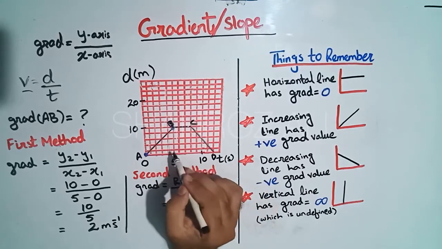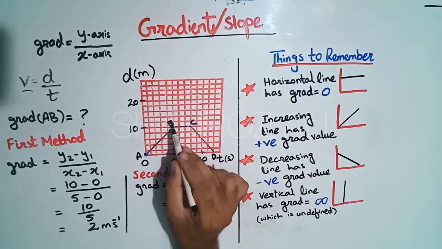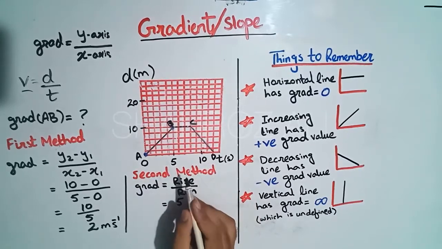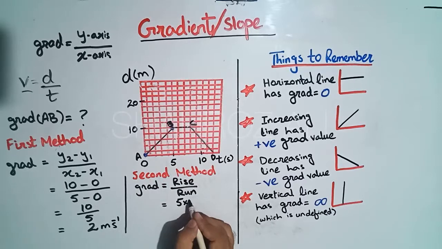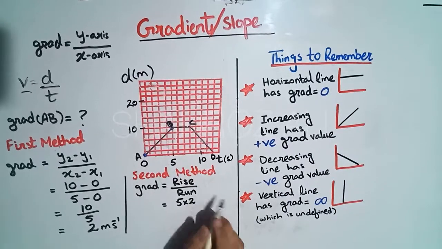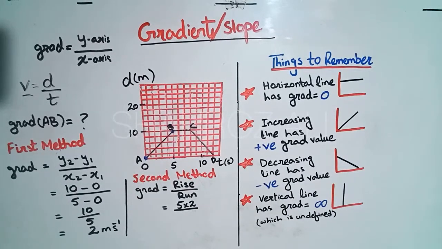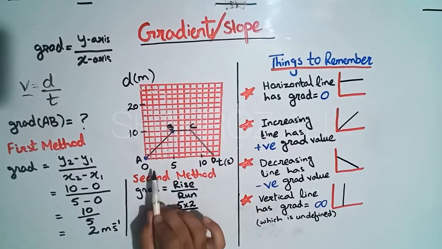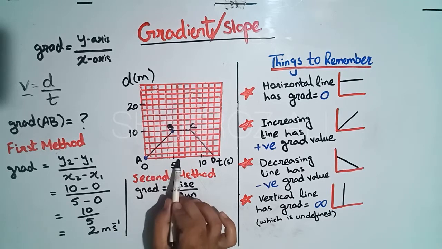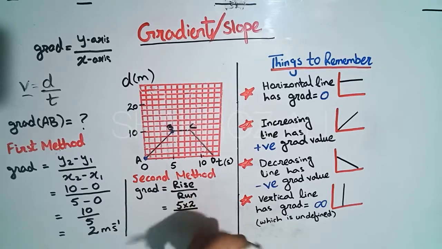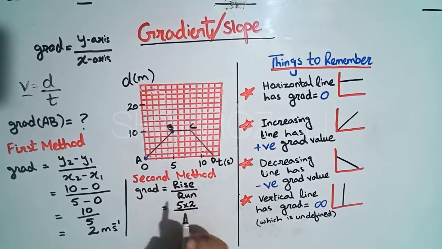The same method applies for the lines: 1, 2, 3, 4, 5. So 5 lines are going to rise, but each box contains the value of 2, so you also have to put the scale of the box with the line. The same is the method for the x-axis, for the run. From 0 to 5, this is your run. You have calculated the rise, now you have to calculate the run.